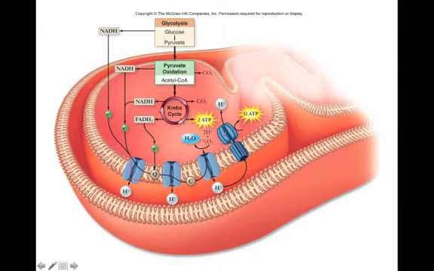This molecular motor is enough to power the production of ATP from ADP and inorganic phosphate. As the hydrogen ions come back through the ATP synthase into the matrix of the mitochondria, oxygen is split, picking up the electrons from the electron transport chain, and the hydrogens come together and they form water.